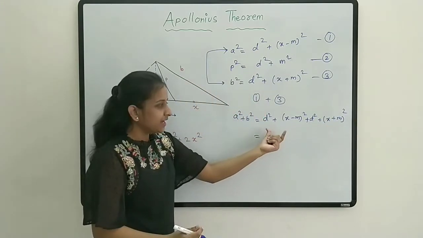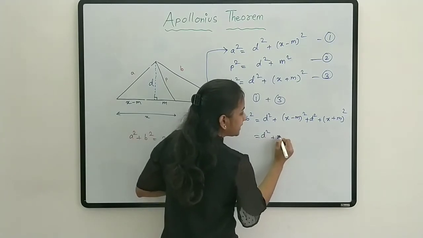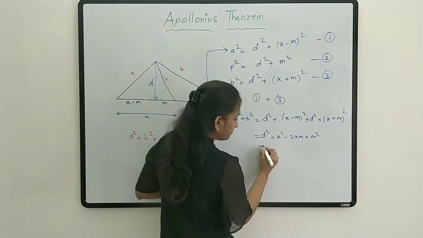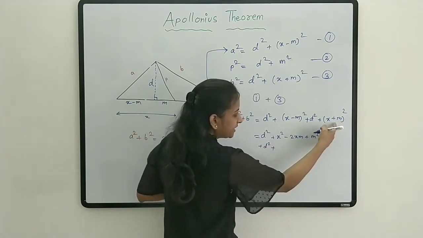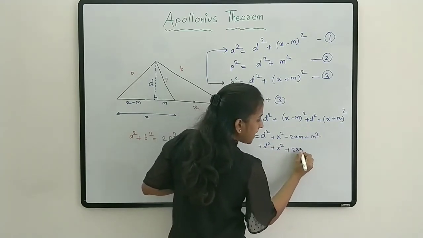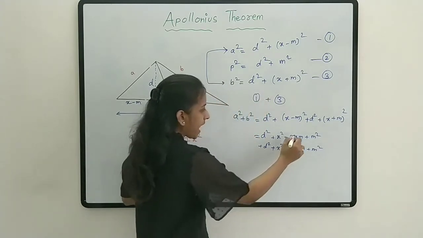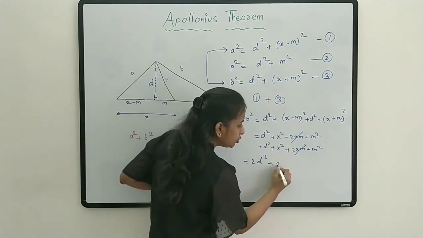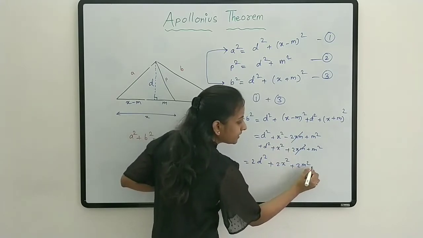When we open this bracket, we will get D square plus X square minus 2XM plus M square. Now again plus D square plus, opening this bracket, X square plus 2XM plus M square. In addition this gets cancelled. So we are left with 2D square plus 2X square plus 2M square.